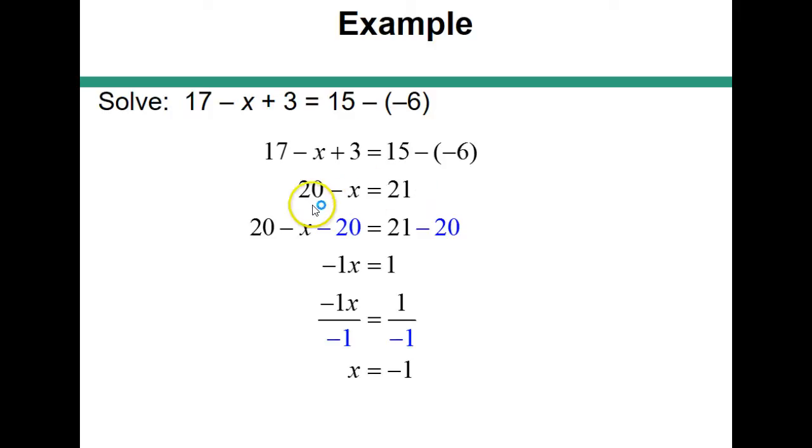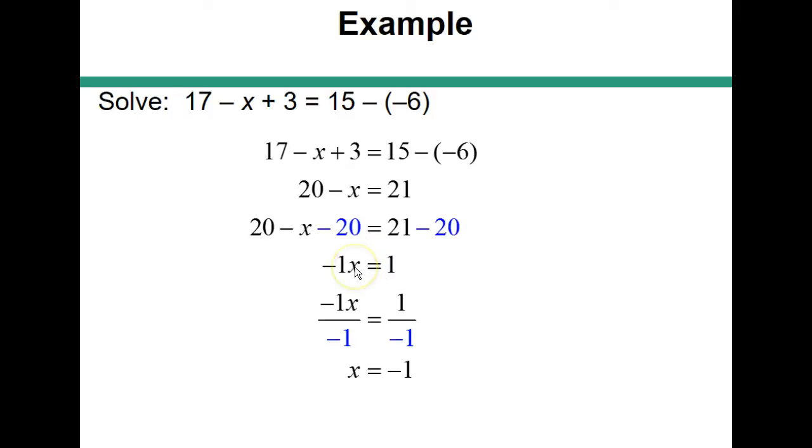Now you have on one side, again, no fractions, no parentheses, no grouping symbols. You've combined like terms. Now you want to isolate the x, the variable. So you're going to subtract 20 from both sides. When you do that, 21 minus 20 is 1.